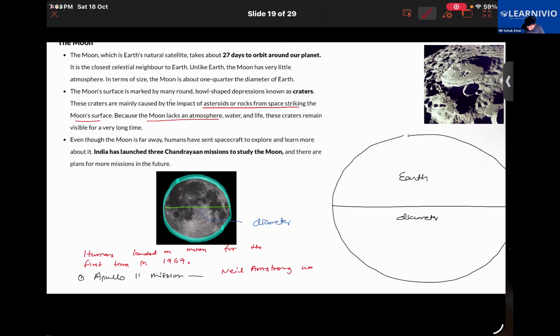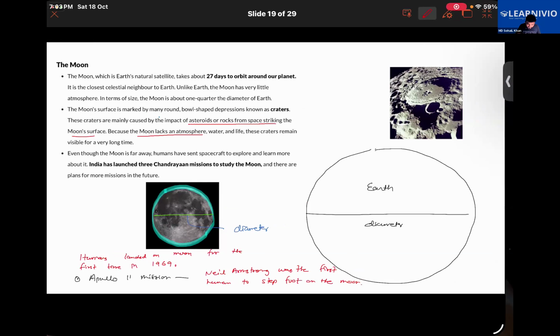Armstrong was the first human to step foot on the moon. So these were some general facts about it.